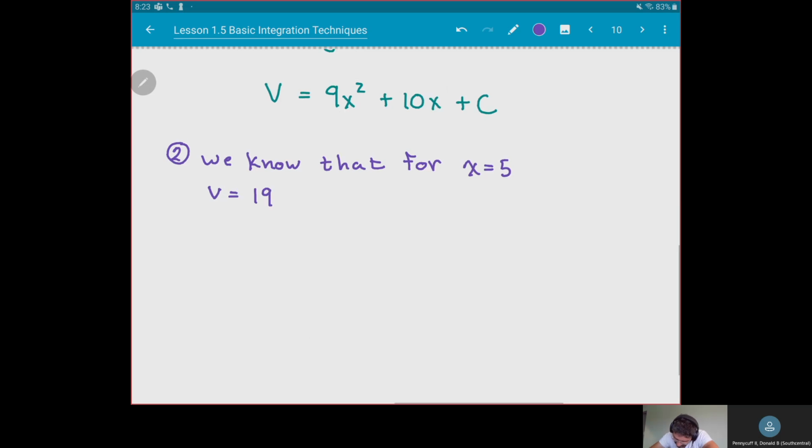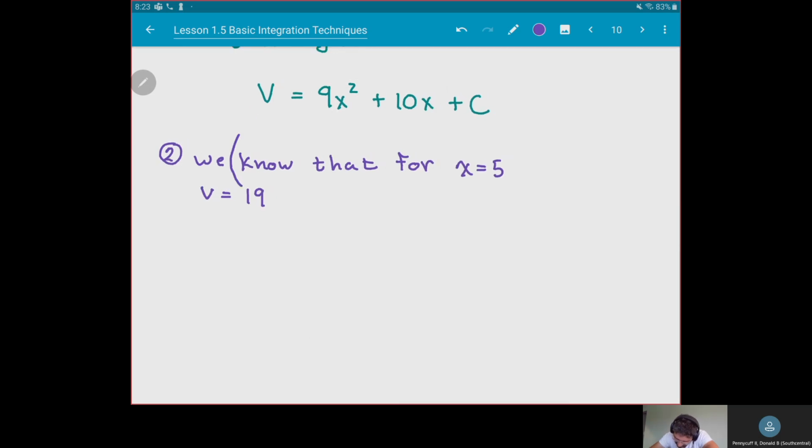So all we have to do is plug the 19 in for v and 5 in for x. So this will give us 19 equals 9 times 5 squared plus 10 times 5 plus c.